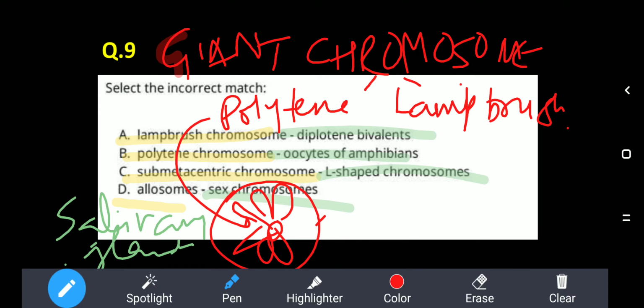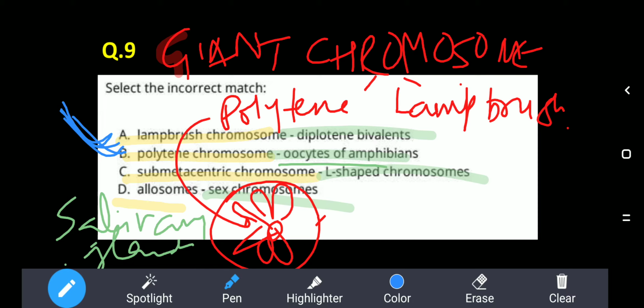Polytene is not present in the oocyte of amphibians, but definitely present in the salivary gland. Another name for polytene is salivary gland chromosomes.